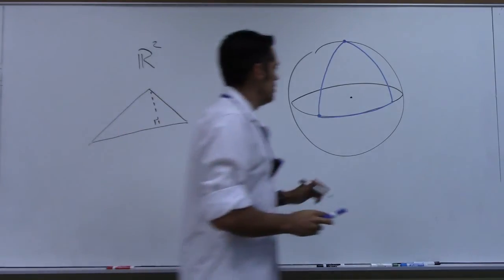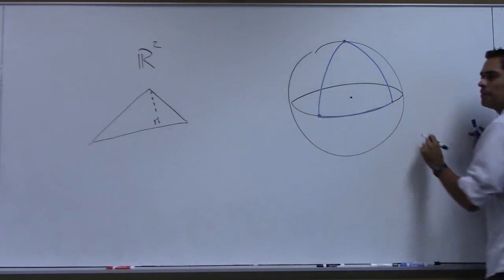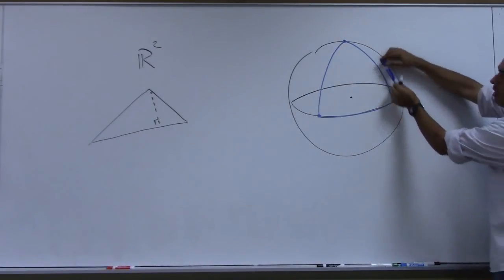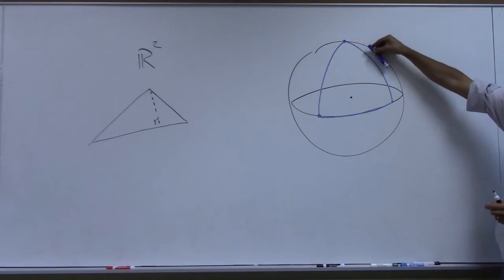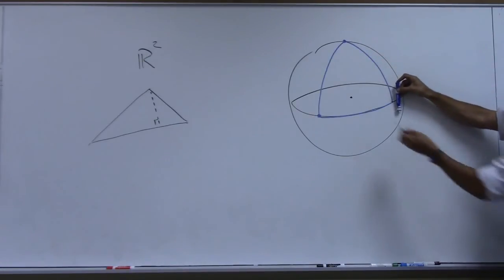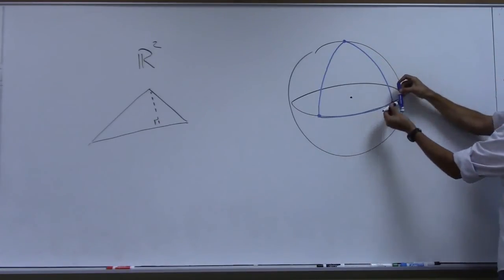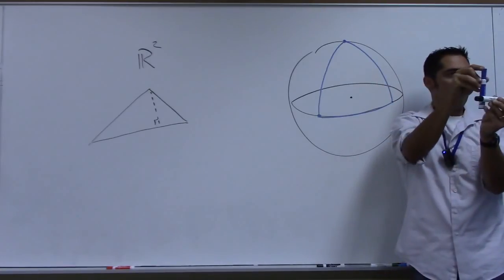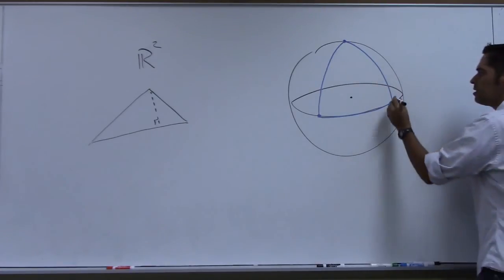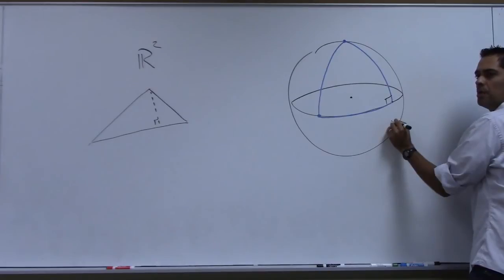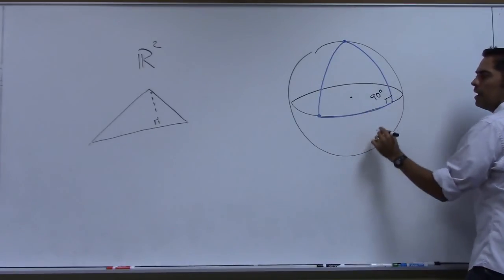The angle between these two right here, imagine a tangent line running along that curve, and another tangent line running along the other curve. When they come together, they're going to come together at 90 degrees, aren't they? So this forms a right angle right there. And so is this.